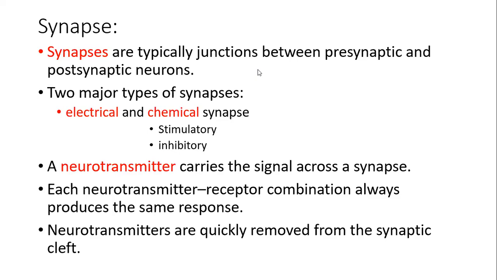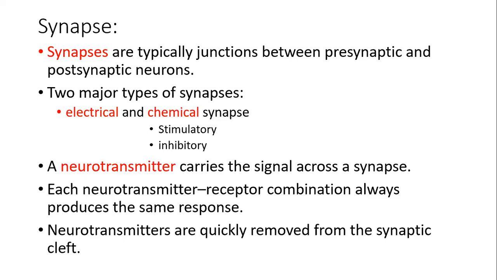Now, the interesting thing is that a neuron will always release the same neurotransmitter. It won't change. If it's releasing acetylcholine, every time you stimulate it, it will always release acetylcholine. If it is releasing a different neurotransmitter, say epinephrine, then it will always be releasing epinephrine.